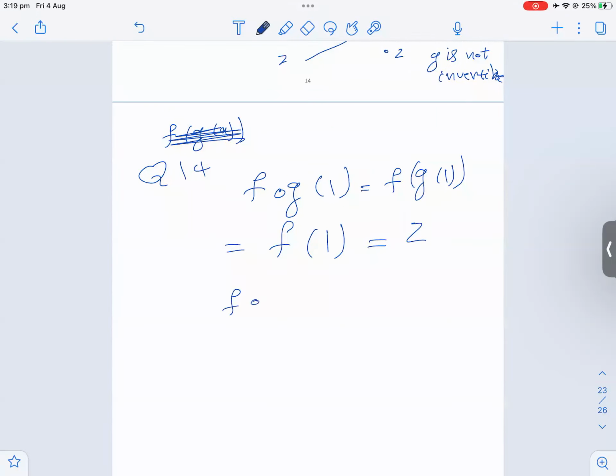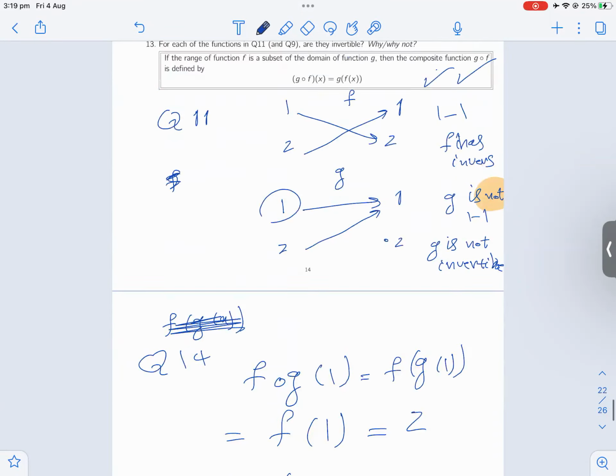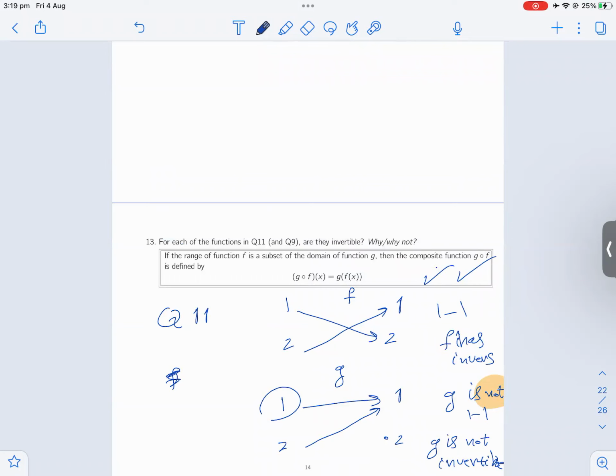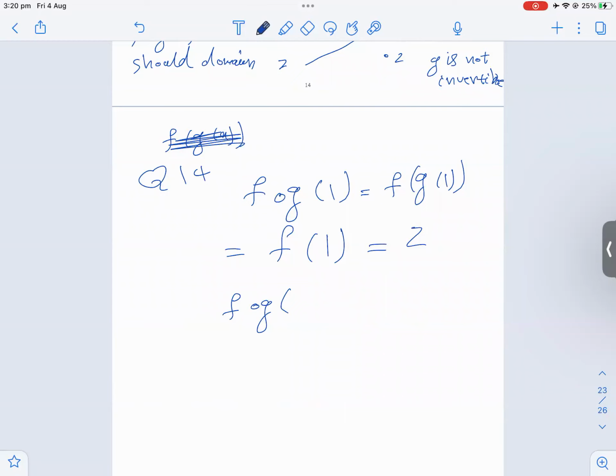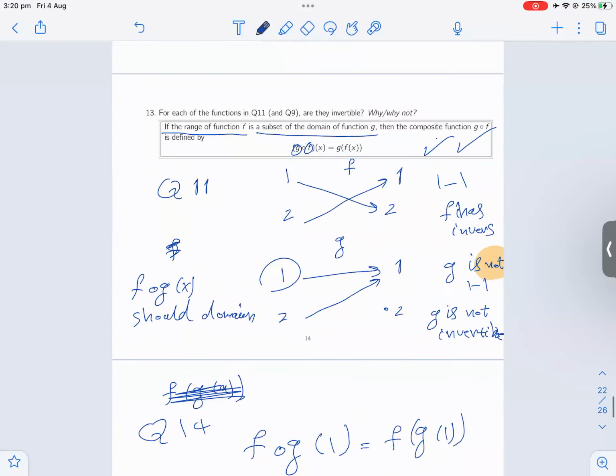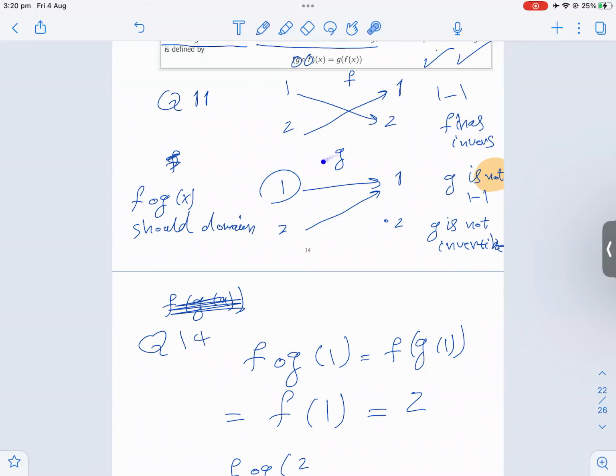f o g. So the domain of f o g should be the domain of g, and the range of g should be a subset of the domain of f. So the range of the first one should be a subset of the domain of the second. So the range of g, what is that? Okay. The range of g is 1. The codomain is 1, 2.